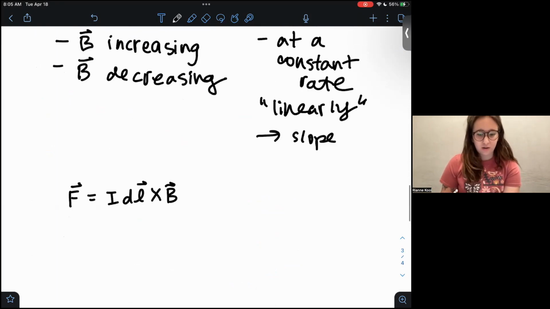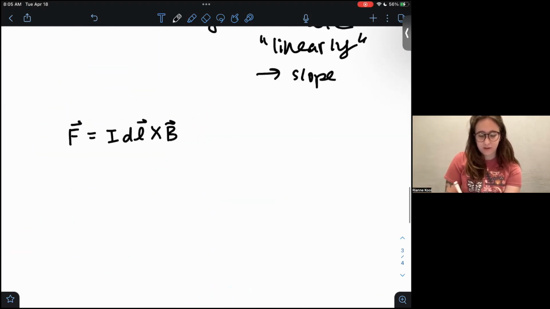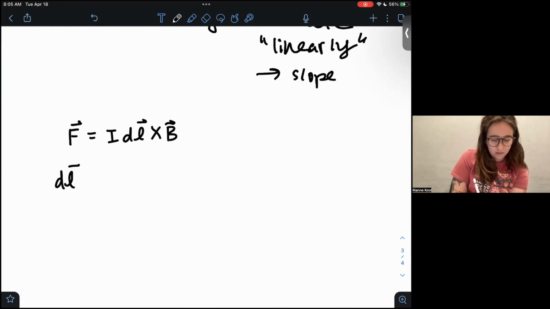In this case, the way that I have my coordinate system set up, my dl is in the negative y hat direction, and my magnetic field is in the negative z hat direction.